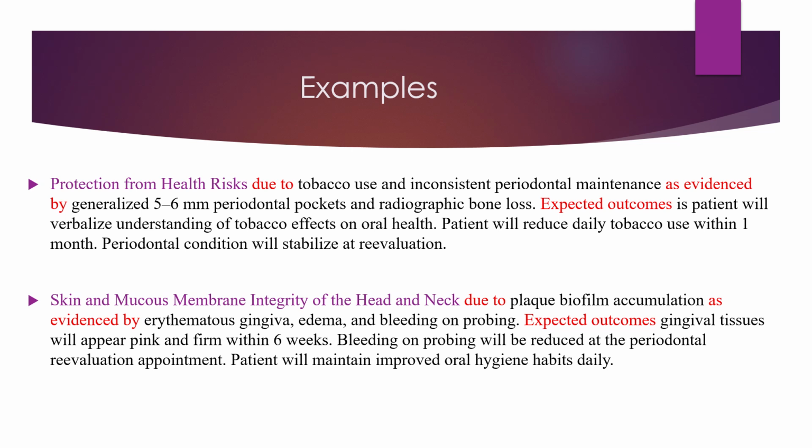What we want to see happen is we want the gum tissues to be healthier. We want them to be more pink. We don't want any more bleeding on probing, and we want the patient to improve their oral health. Let's look at one more.